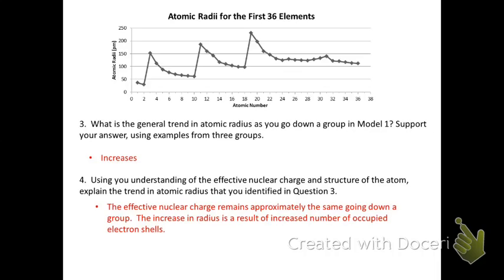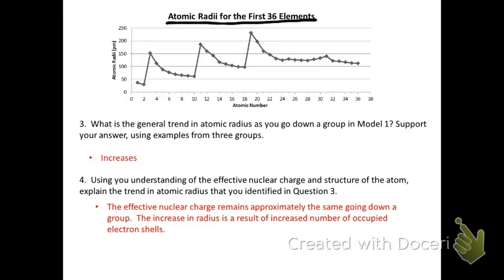Alright, so now let's get down to the nitty-gritty here, and we're going to look at a graph of the first 36 elements on the periodic table. And it might really be helpful for you to have a periodic table in front of you. I know I have a periodic table that I'm going to refer to as I look at this graph of the 36 elements.